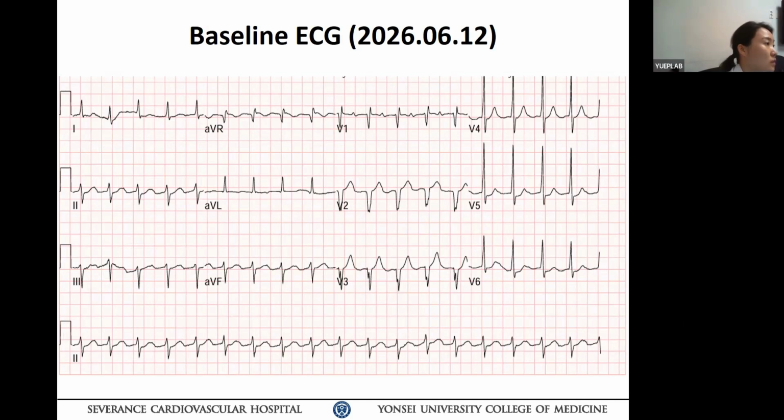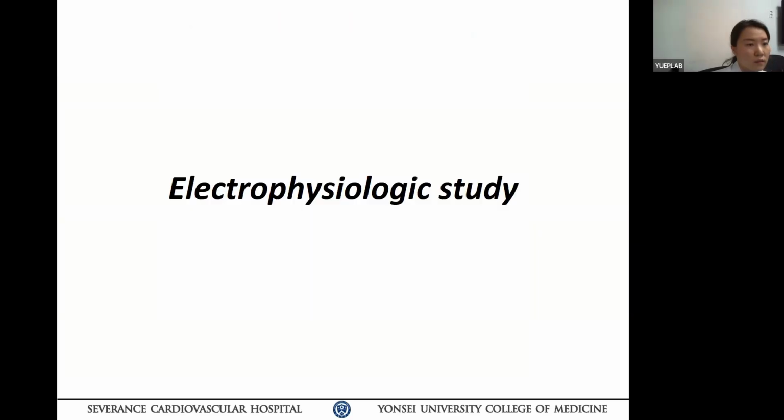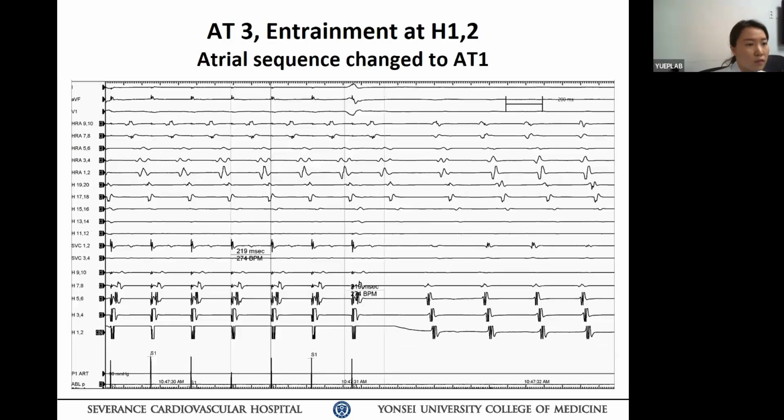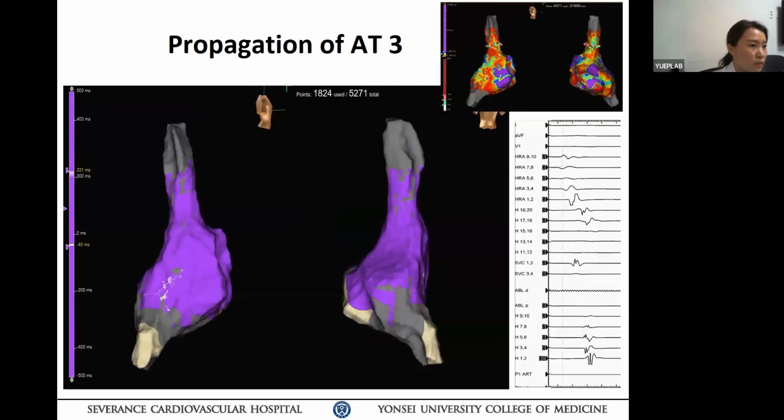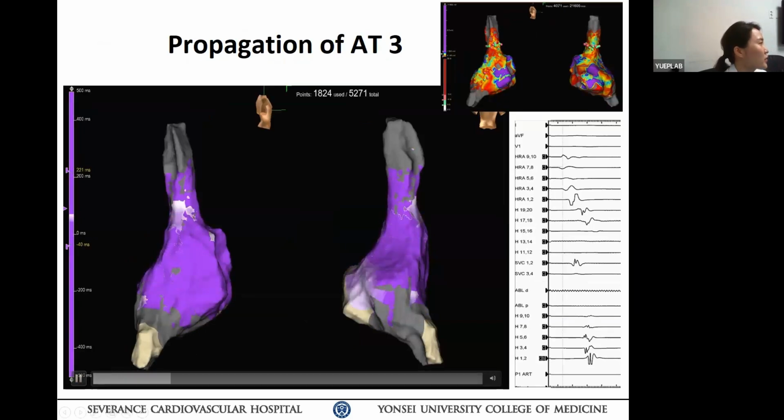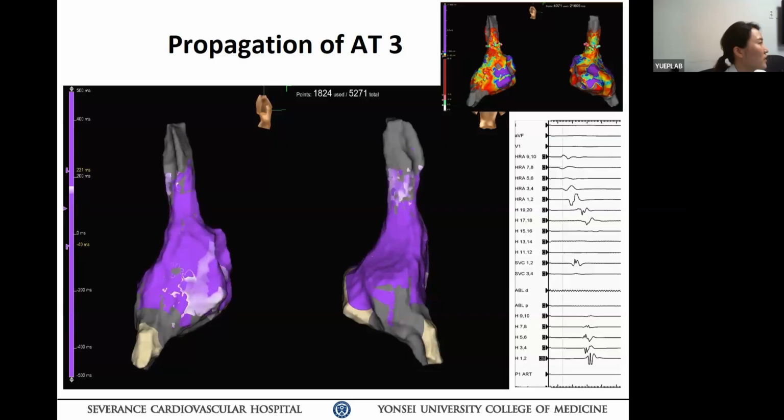Can you explain the exact reentrant circuit of upper loop reentry? You already studied and reviewed a few articles, right? Generally, I read that there are two kinds of propagation that make the upper loop reentry: one is counterclockwise, and the other is clockwise.